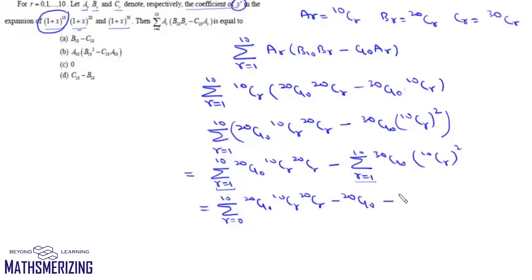And in the same way for the second series also I'll write r varies from 0 to 10, 30C10 and this is 10CR square, and then we'll subtract 30C10, so minus and minus will be plus, so then it will be 30C10.